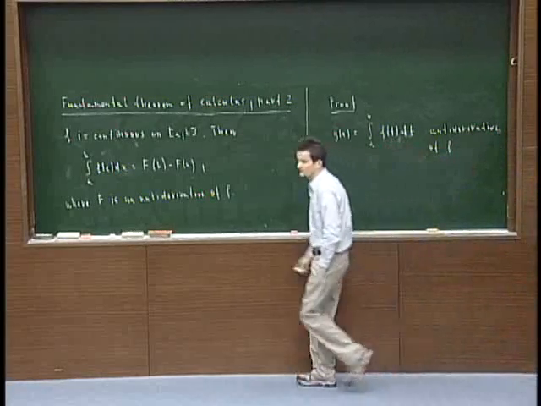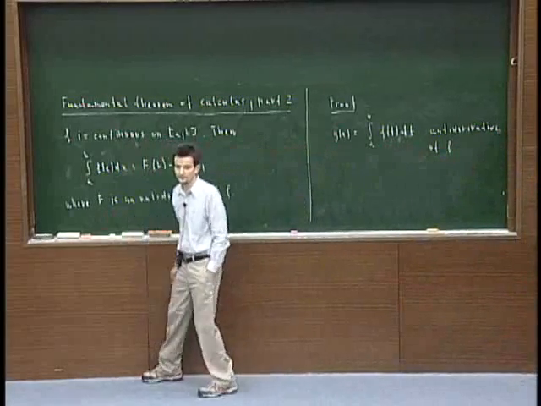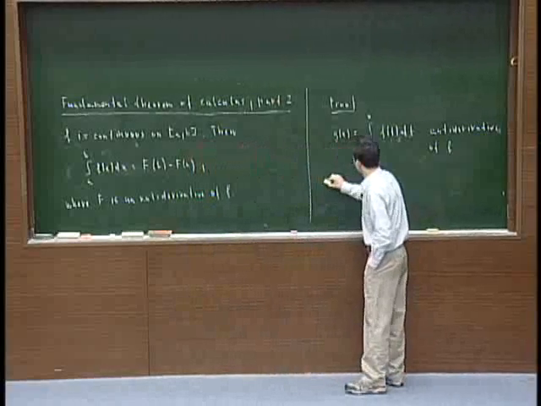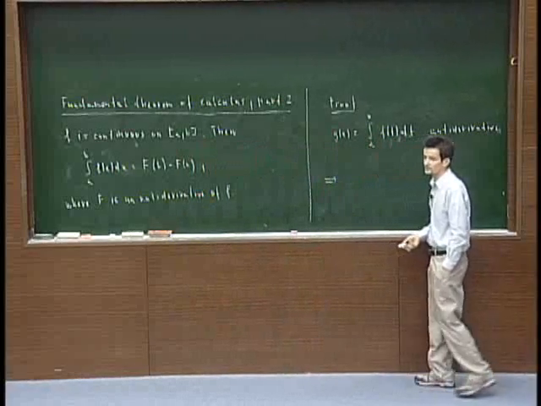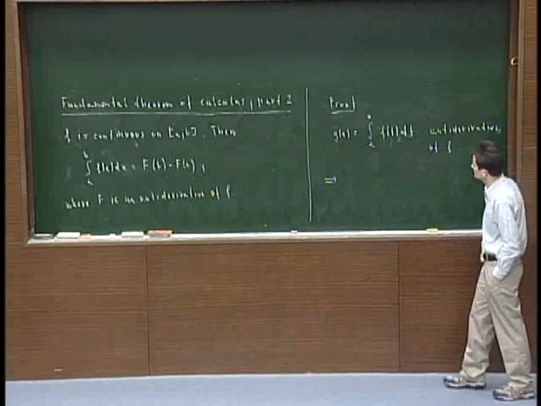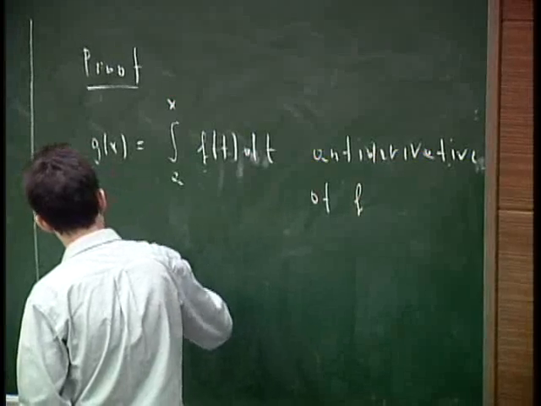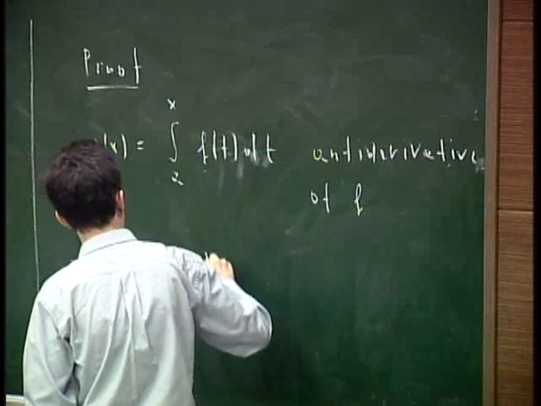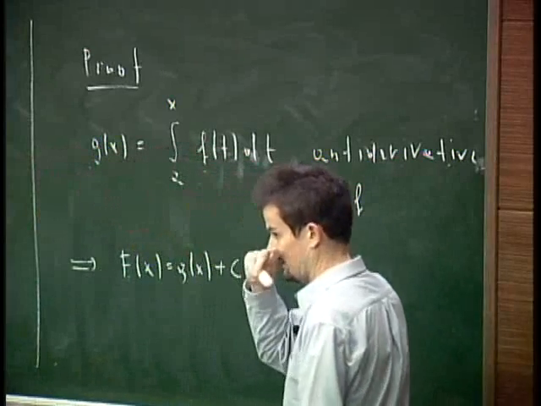Now, if f here is another antiderivative, we know that two different antiderivatives must be related on some interval by a constant. So f of x is equal to g of x plus a constant.